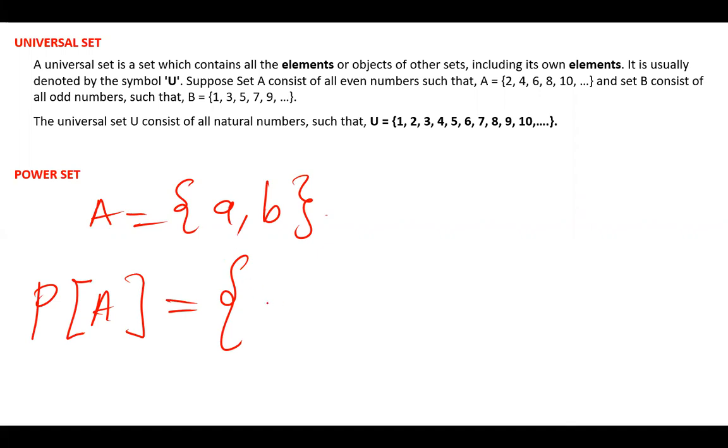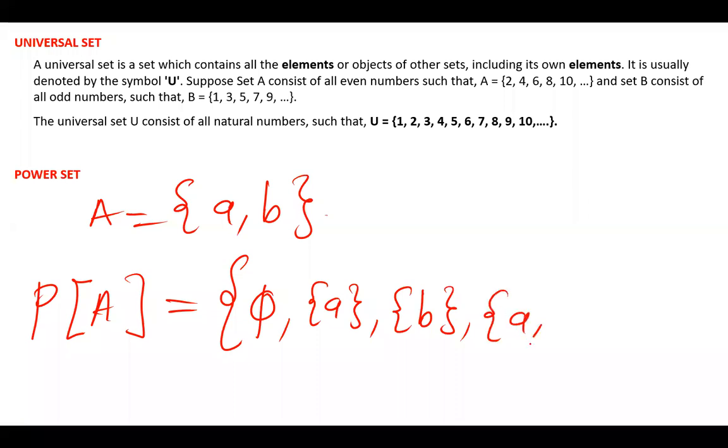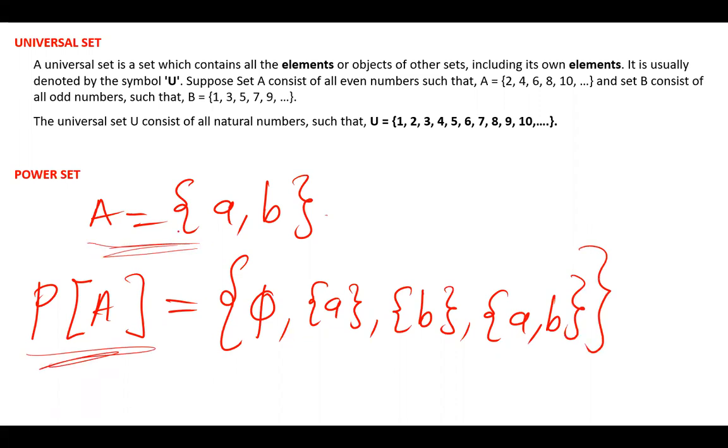The first subset that is common in all sets is the empty set. Then followed by the set that contains a, the set that contains b, and the set itself, {a, b}. So that is the power set of A. The set that contains the subsets of a given set is called the power set.